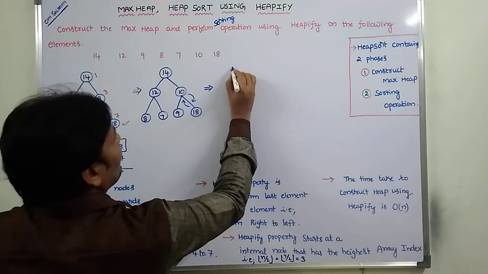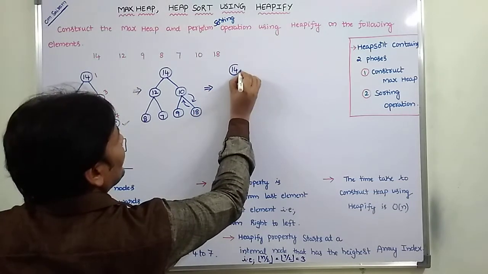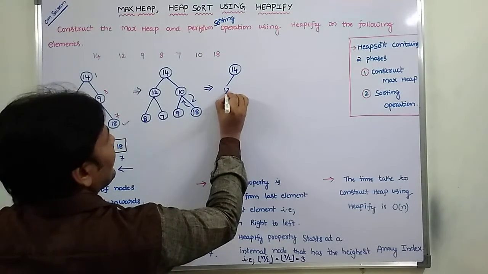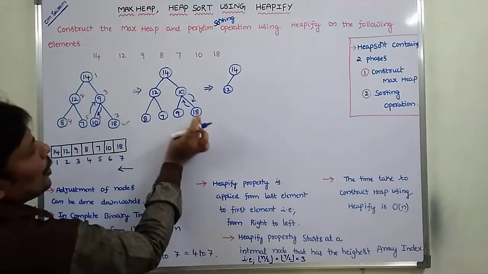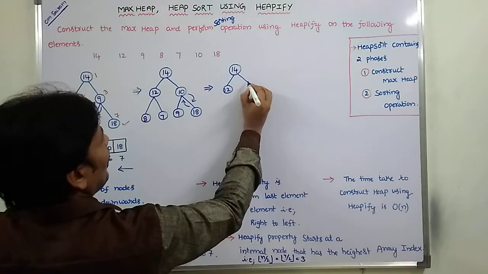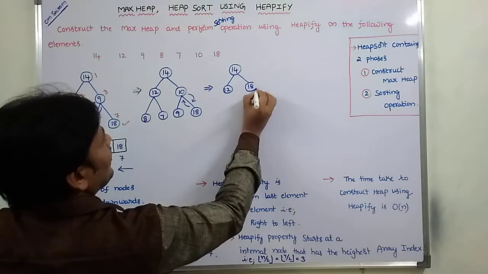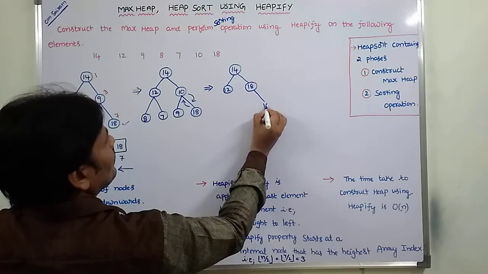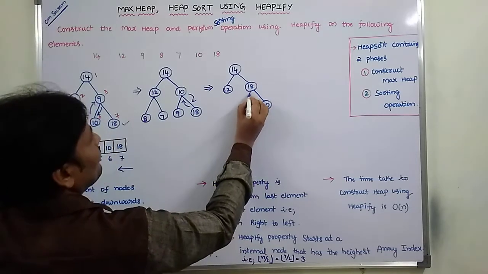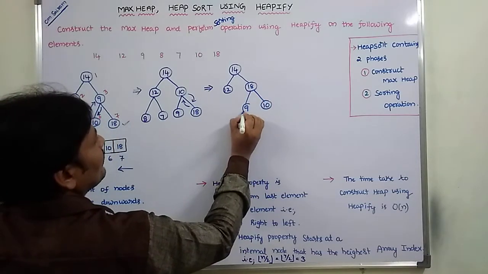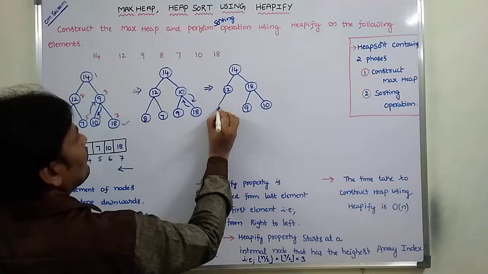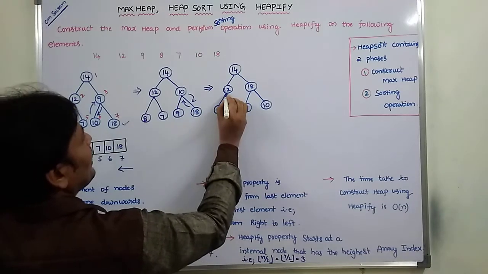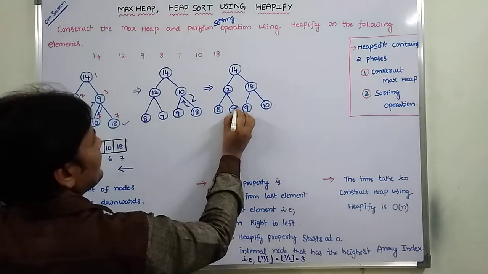So after swapping, we are getting 14. Its left child is 12. After performing swapping, 18 goes up and 10 goes down. 18's left child is 9. 12's left child is 8 and 12's right child is 7.